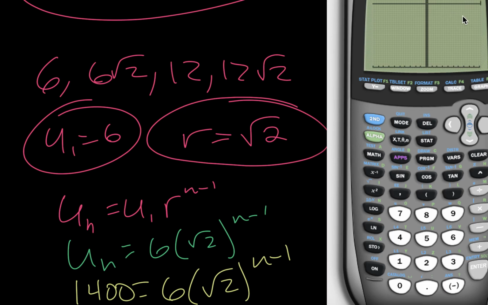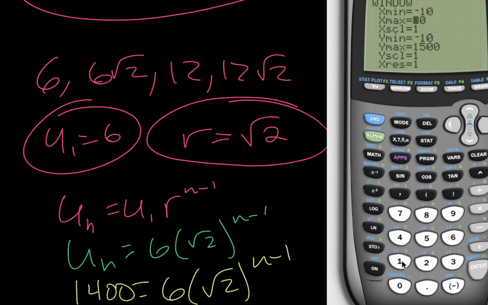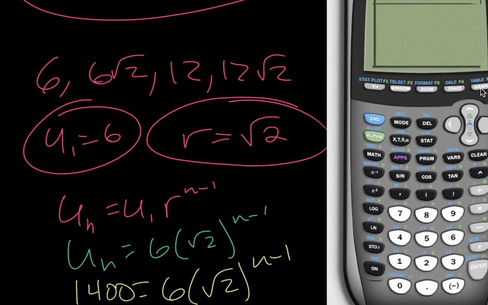And then we really just need to see where they cross each other. And we see that right here we need to go out further as well. So once again, go to the window. This time our x max needs to be more, so let's just try 1000 to see if it's on there. We may have to change it again, but it's just kind of a guess and check thing.